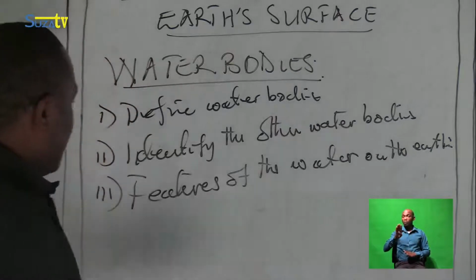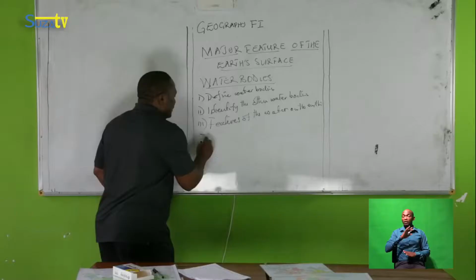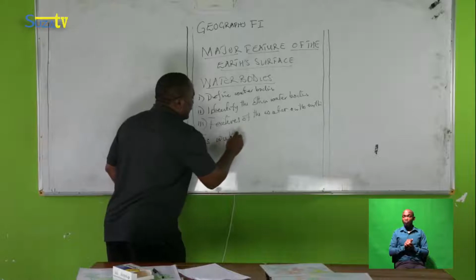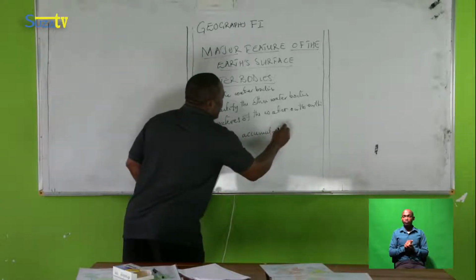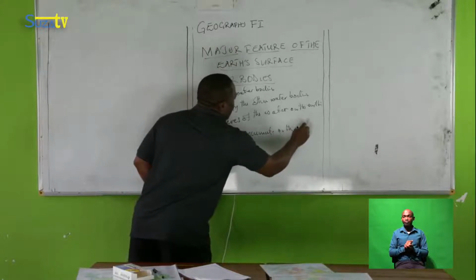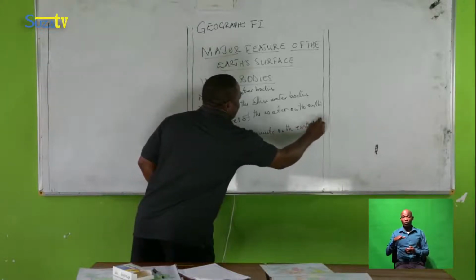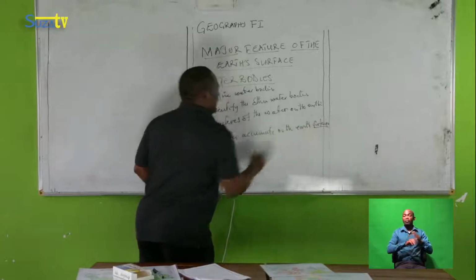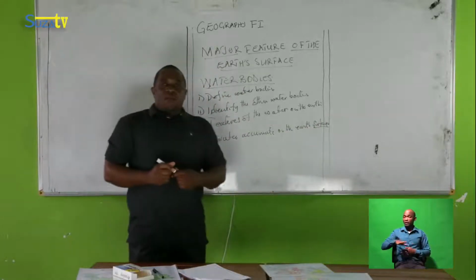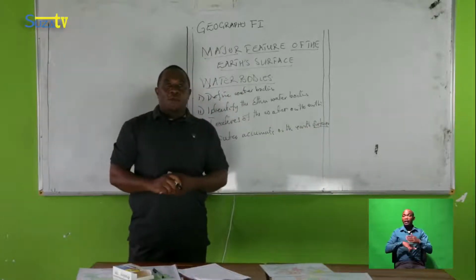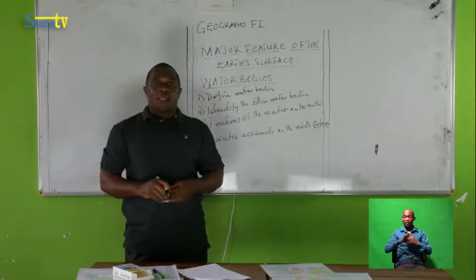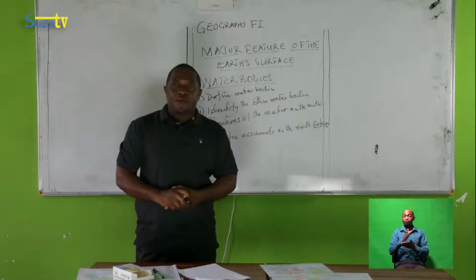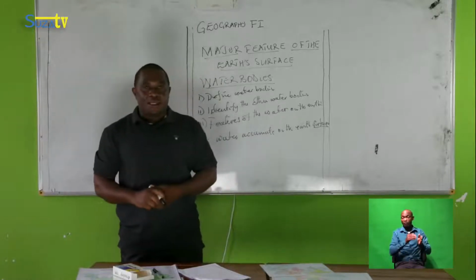Water bodies are water accumulated on the Earth's surface. In the environment where you live, we go to the beach, or sometimes we see a river, and sometimes a lake.